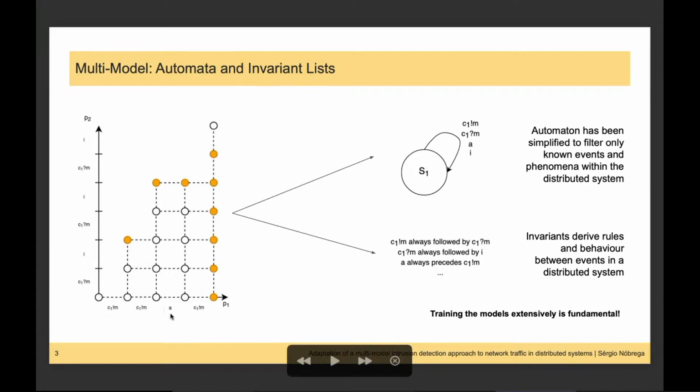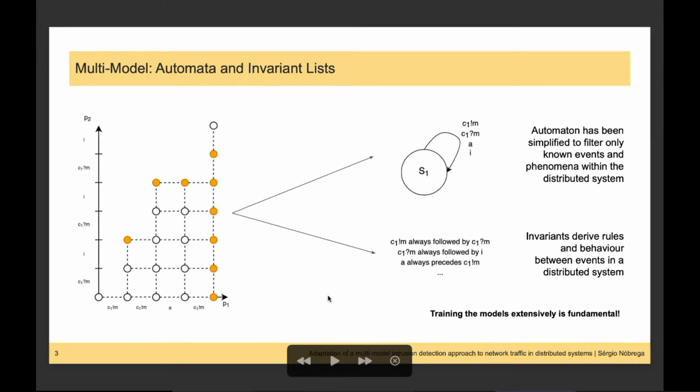And here we have sort of an outlier. There's only one event A. And what we can do is that A always precedes C1 M because it is really the only occurrence that we have. And in this occurrence, it always precedes the sending of the message. So it's possibly a rule that we can also create.